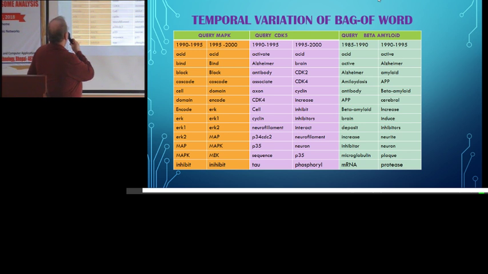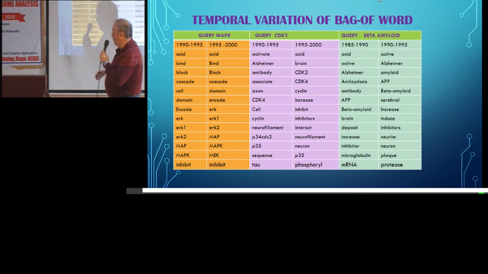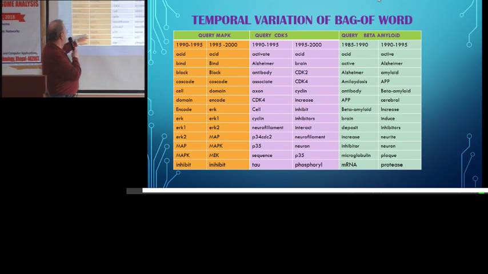You can see here that many things are agreed, but in the case of MAPK, in this period the terms MAP and MAPK emerge as relevant. Here MAC also emerges.